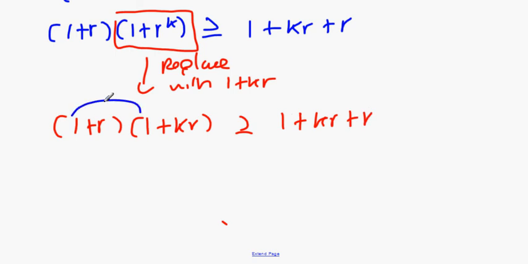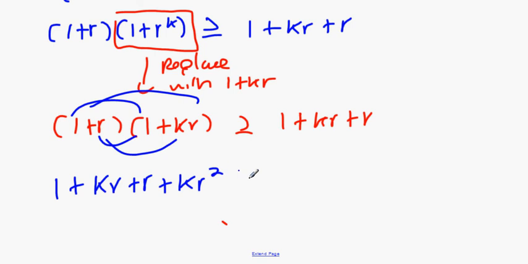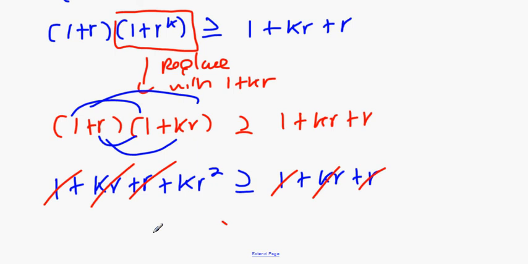Multiply this out and you get 1 plus kr plus r plus kr squared greater than or equal to 1 plus kr plus r. kr cancels, 1 cancels, and r cancels. kr squared is greater than or equal to 0.